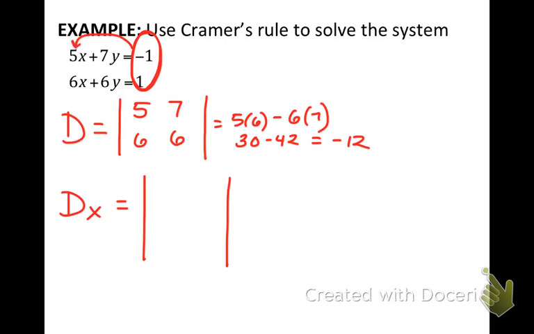So it would be negative 1, 1 in that first column, and then 7, 6 would still remain in our second column. So let's go ahead and find the determinant there. Negative 1 times 6 minus 7 times 1. So negative 6 minus 7 is negative 13.